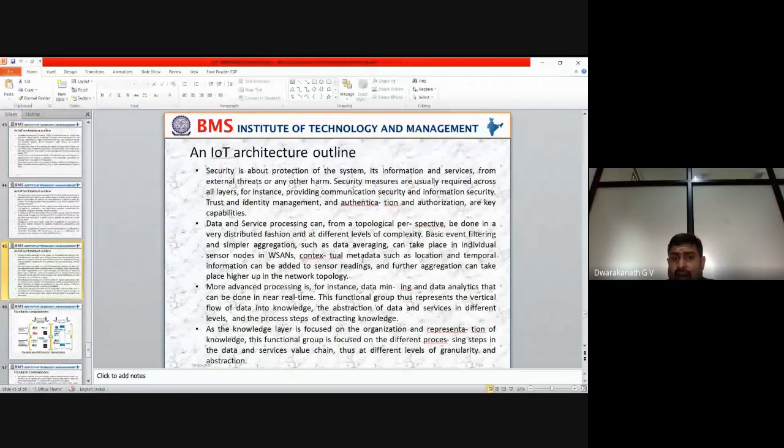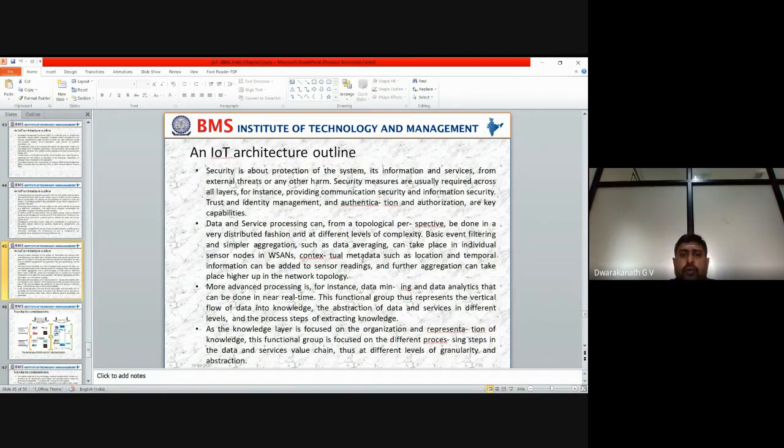That way, the data analytics you have to do can take place in individual sensor nodes, in the wireless sensor networks, or contextual metadata such as location and temporal information can be added to sensor readings, and further aggregation can take place higher up in the network topology.